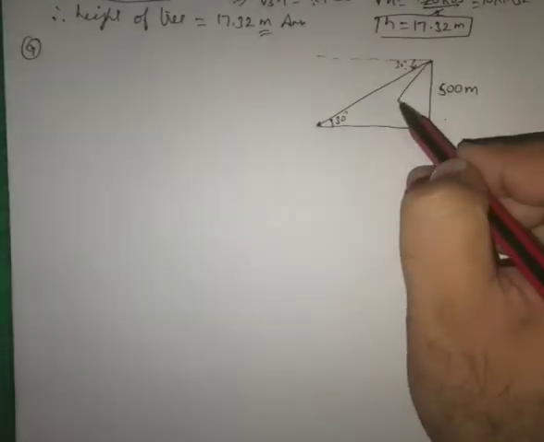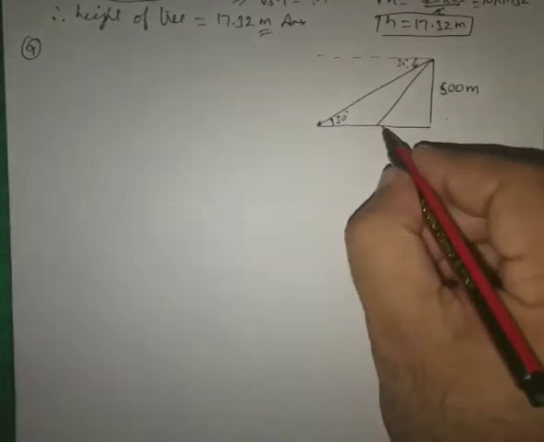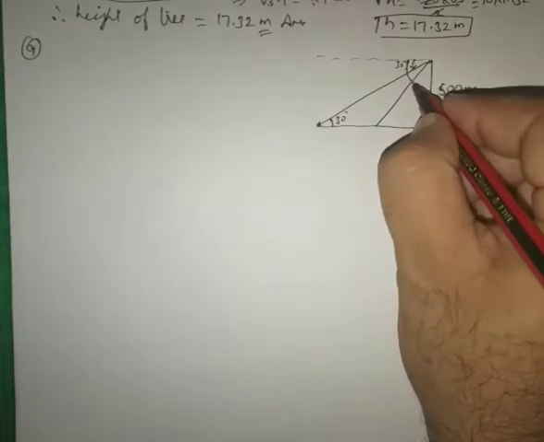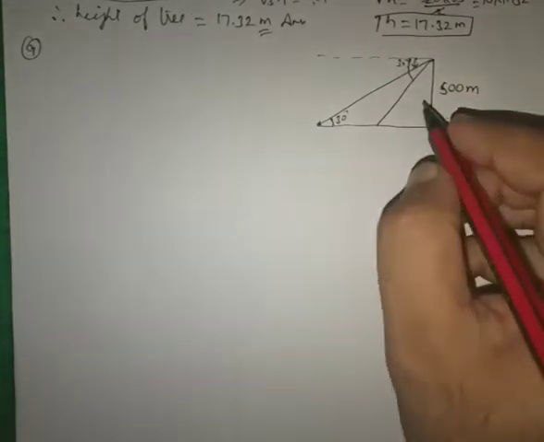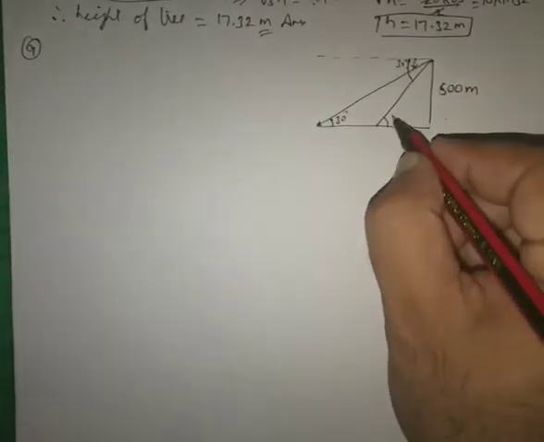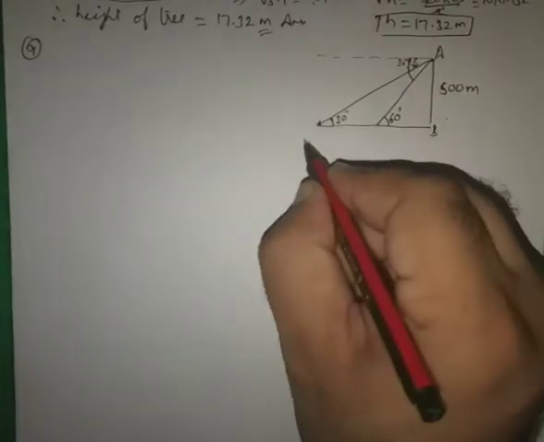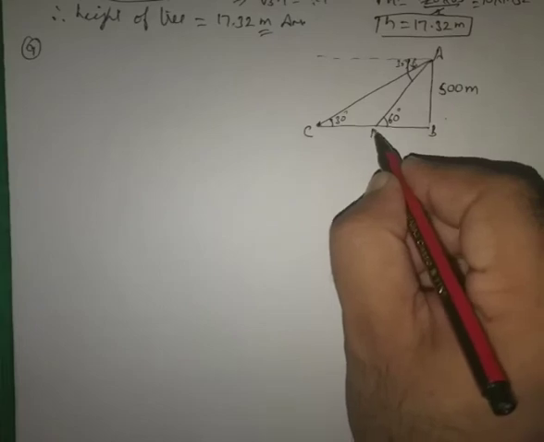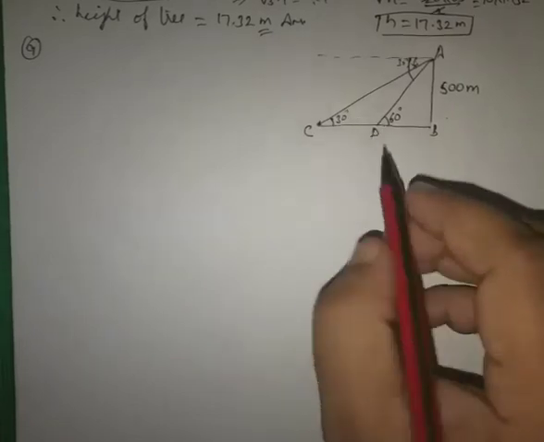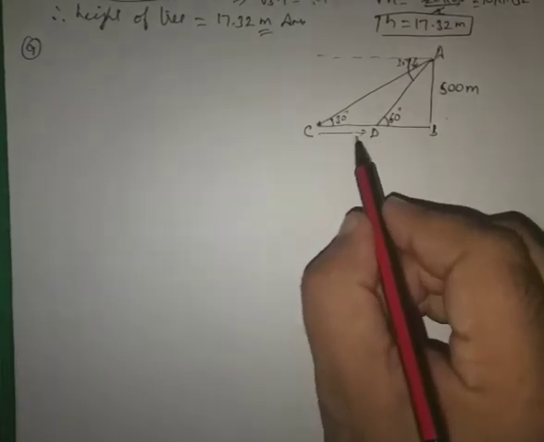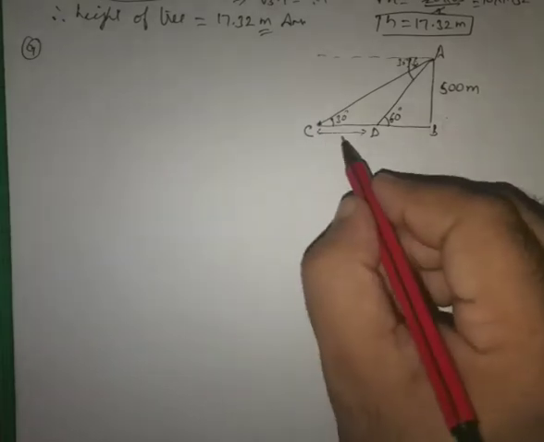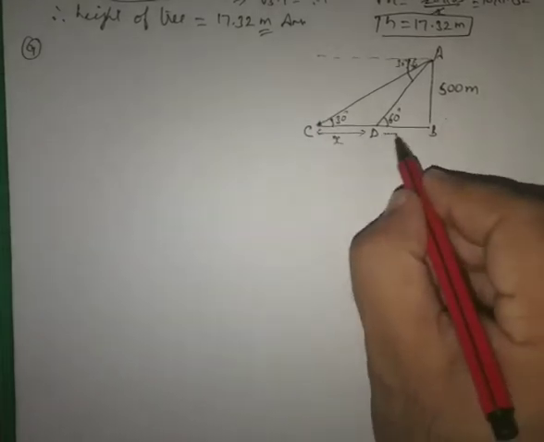After 3 minutes the boat reaches here and the angle of depression now becomes 60 degrees, so this angle will also be 60 degrees. Let us say this is A, B, this was the initial position and now it is here. I am not taking the time part here; I am simply saying let this distance be X and this distance be Y.